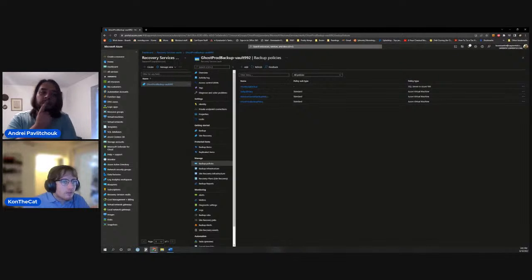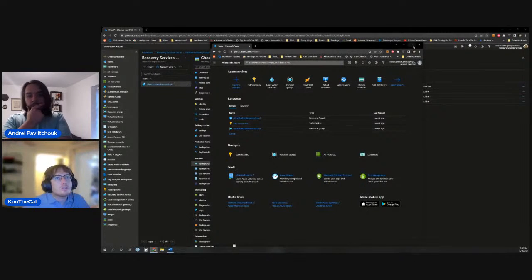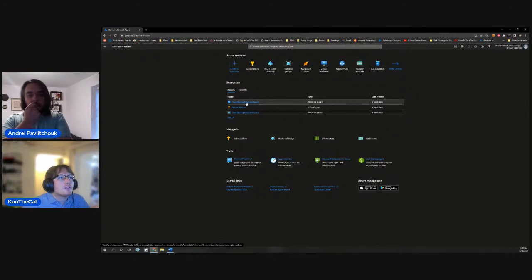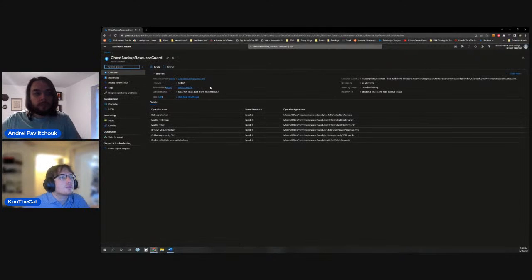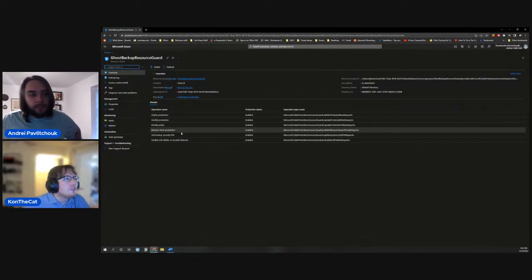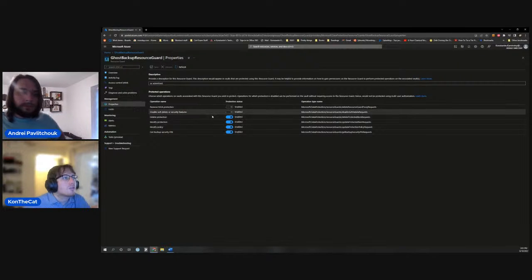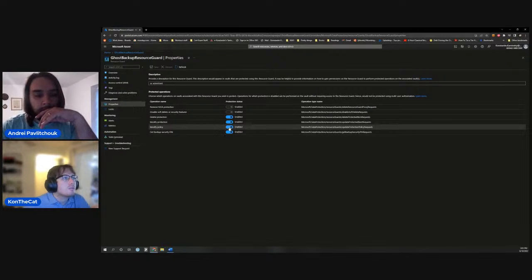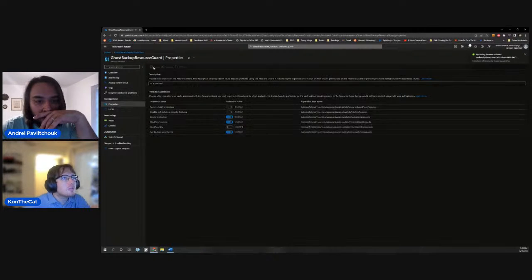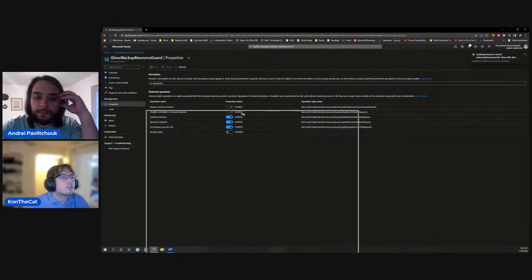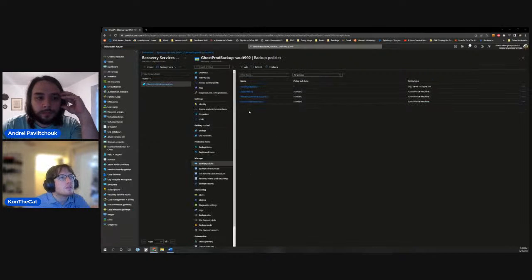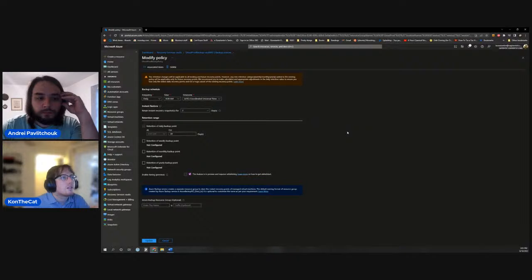Then in a different subscription and a different directory, we have the resource guard resource itself. And as you will see, the resource guard controls certain things, including modifying policies. So if I now disable the resource guard protection on modifying policies, it will actually allow me to do this now, I think.